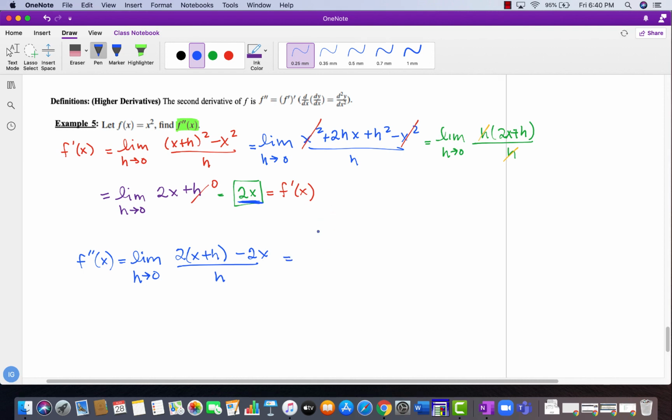This one is a little bit easier. So the more derivatives you take, the easier it gets because the functions get smaller and smaller. And yes, you do have to put the limit as h approaches 0 every single time.